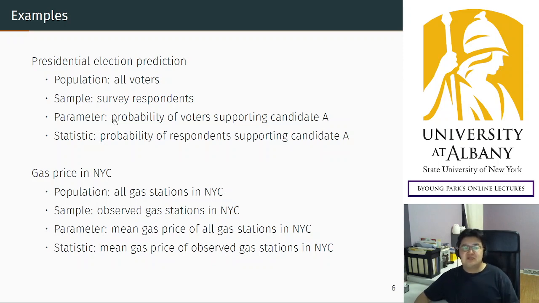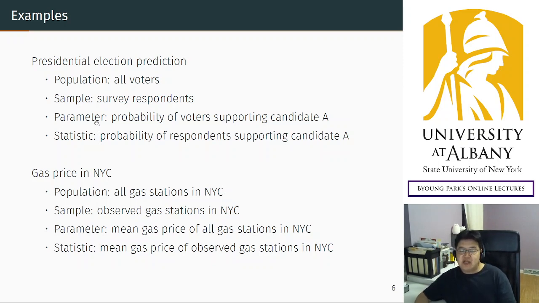So how many votes, how many seats candidate A can get. So this is about all votes, about the population, so it is a parameter. This is your target, you'd like to predict this parameter, estimate this parameter.